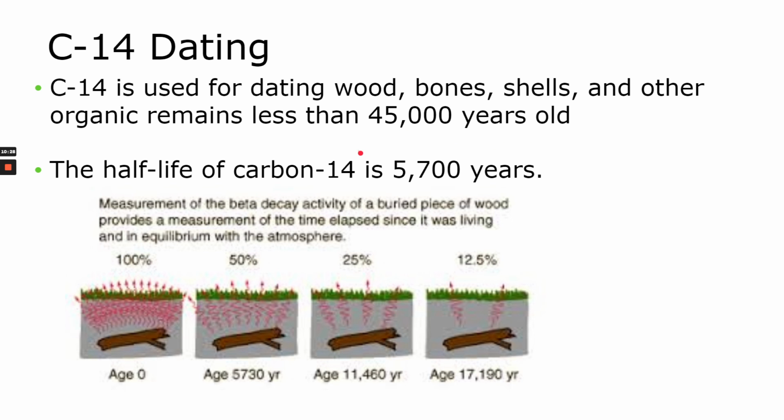This is often used in archaeology because we're looking at past human civilizations and the materials left by those civilizations. The half-life of carbon-14 is only 5,700 years. So after 45,000 years, any carbon-14 that was in existence in something is no longer there. There's nothing left to measure. So it's only really good for about 45 to 50,000 years.